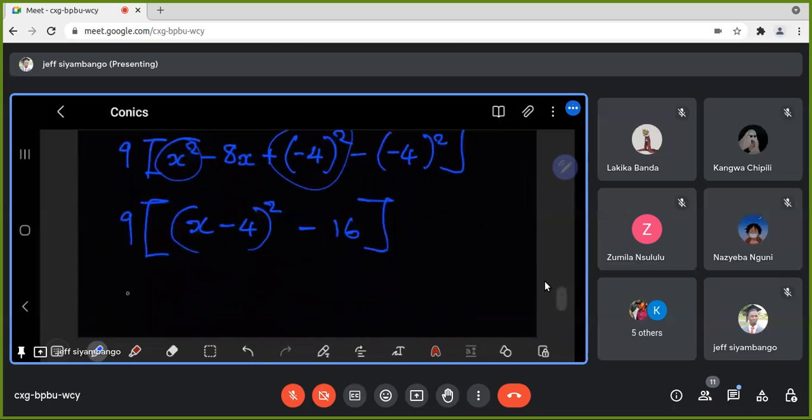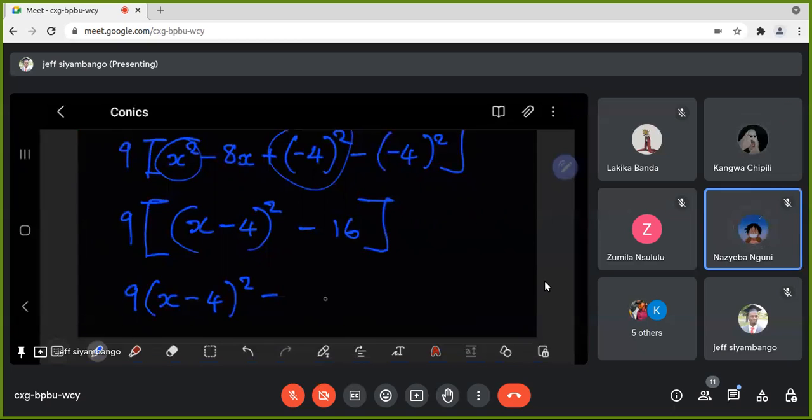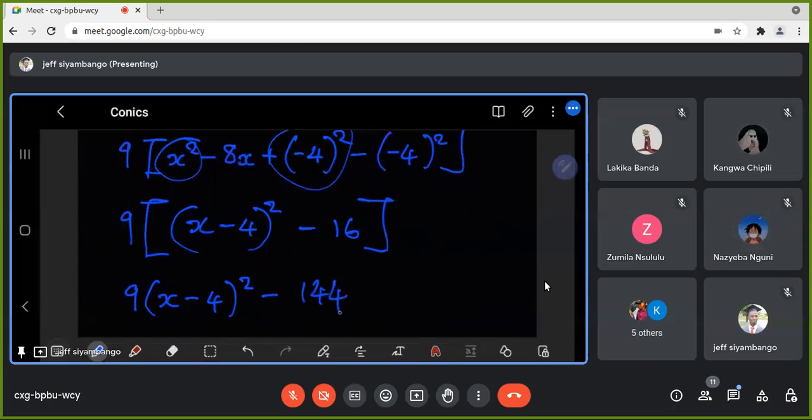Distribute the 9. You now have 9, then you have 16 by 9. What is 16 by 9? 144. So all this is just the first term. We have completed the square.